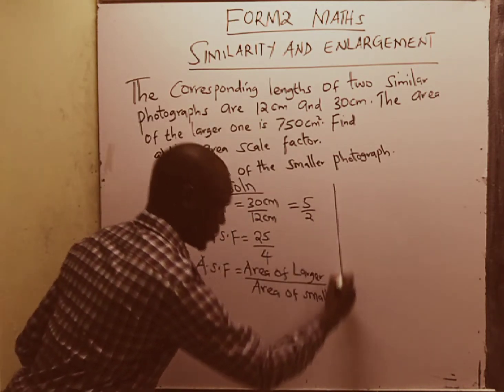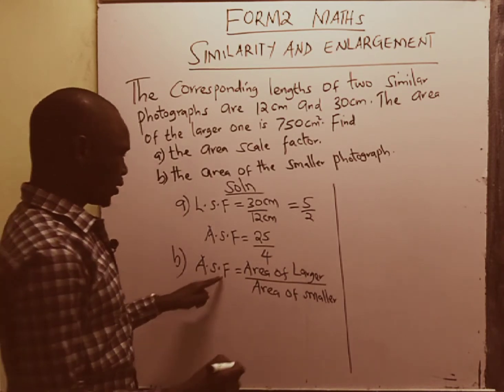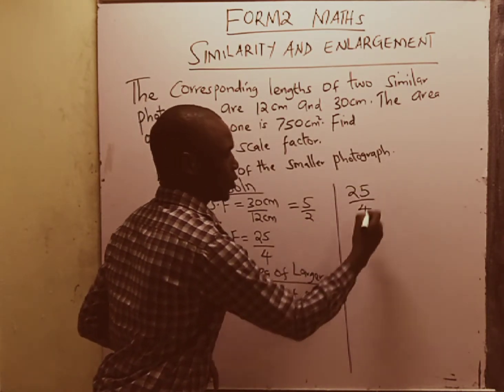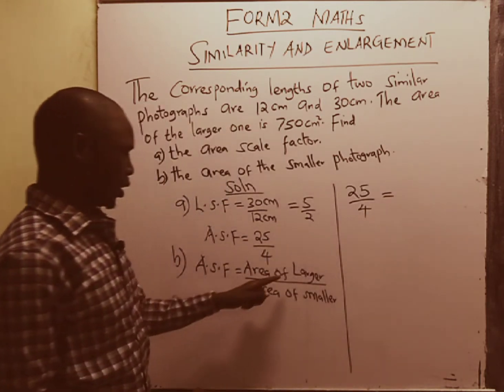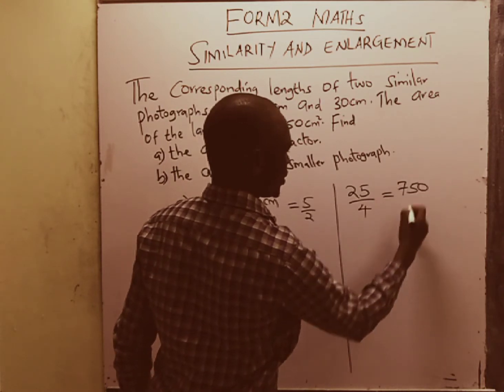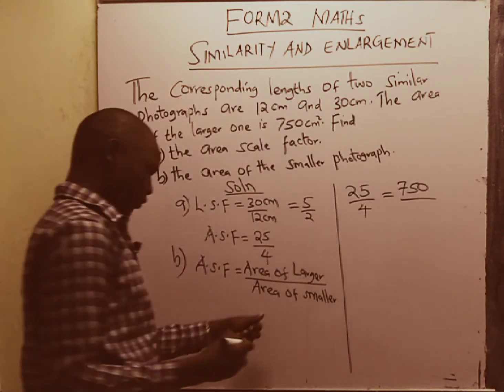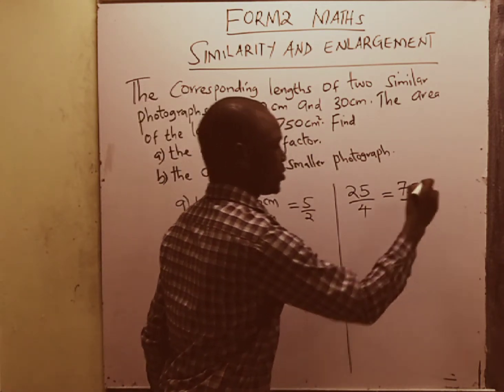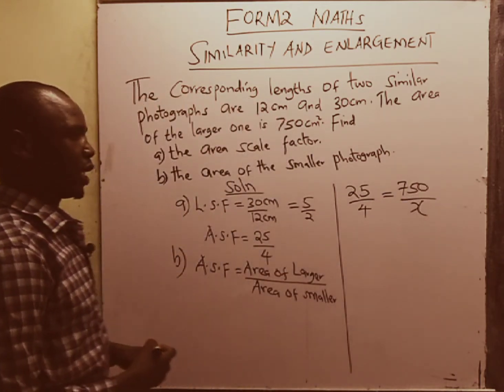In this case, we know the area scale factor is 25 out of 4, which will be equal to the area of the larger one, which is 750, divided by the area of the smaller one, which we are not given, and we can assume the area of the smaller one is x.